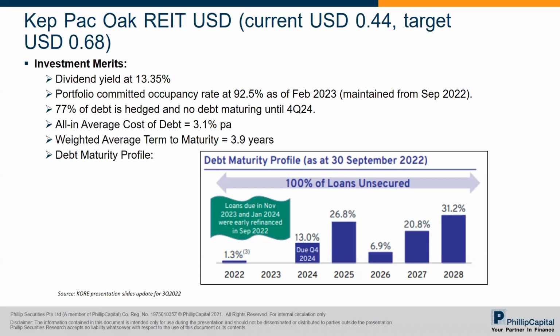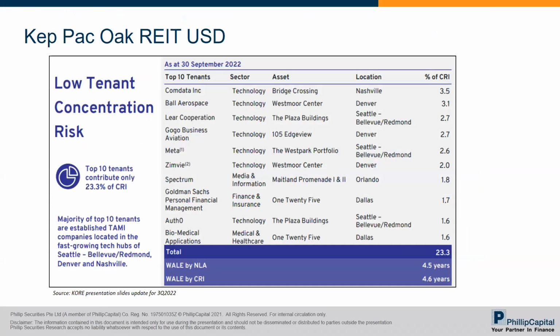So this picture shows the debt maturity profile. We see that they don't have any debt requiring refinance this year. And in terms of tenant concentration, it is very diversified across various segments. They have tenants in tech, finance and insurance, media and information, as well as medical and healthcare.